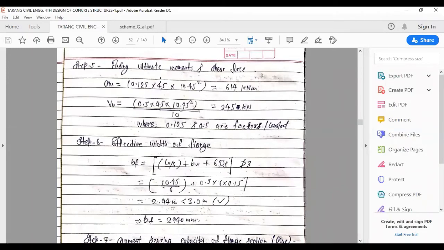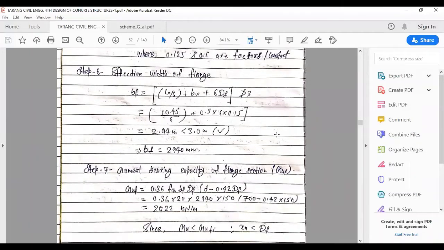This value we have found out using the ultimate design load. This is the same value here, and this is the overall effective span, and the value of ultimate moment comes out to be 614 kilonewton meter, and the value of shear force comes out to be 245 kilonewton, where 0.125 this value and 0.5 this value are factors or constants.